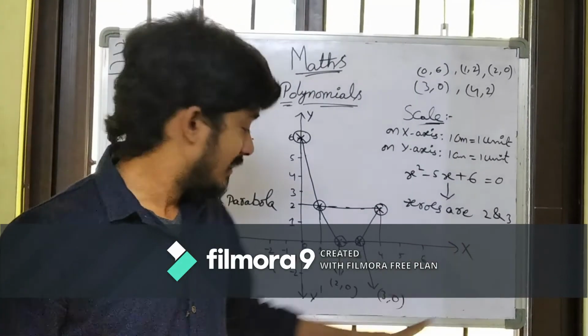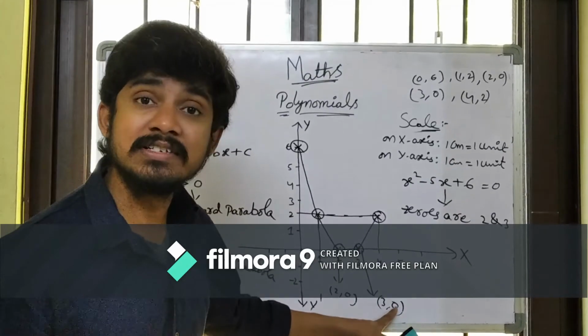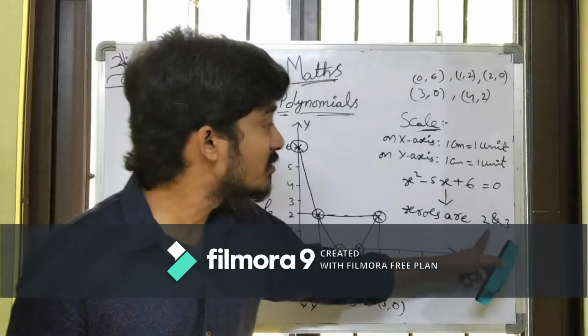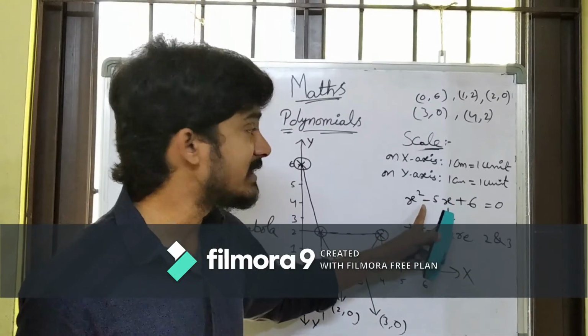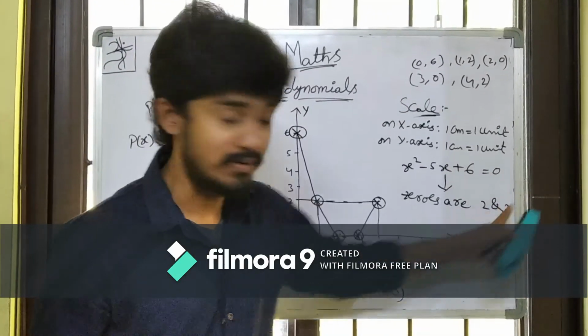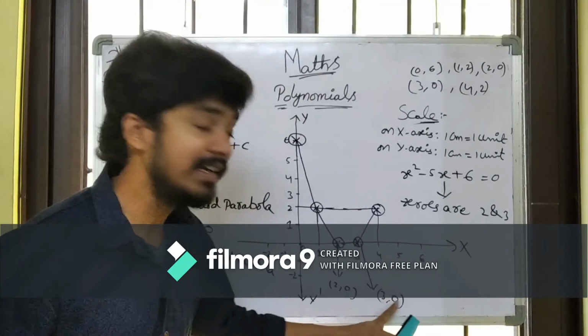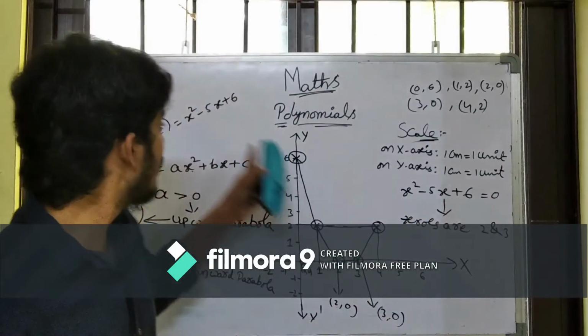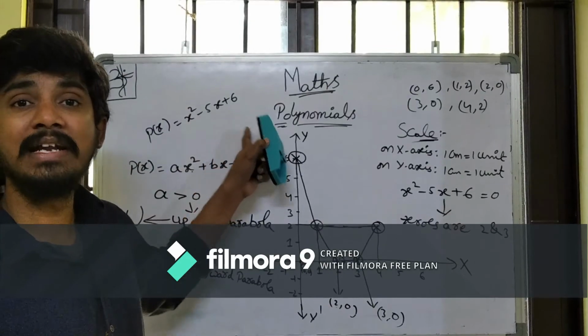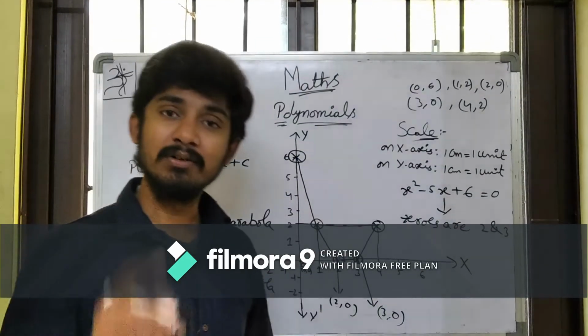Remember this, guys: 2 and 3 are zeros of the polynomial equation x square minus 5x plus 6 equals 0, and (2, 0) and (3, 0) are solutions of the polynomial p of x equals x square minus 5x plus 6.